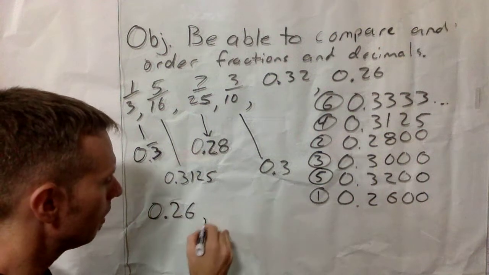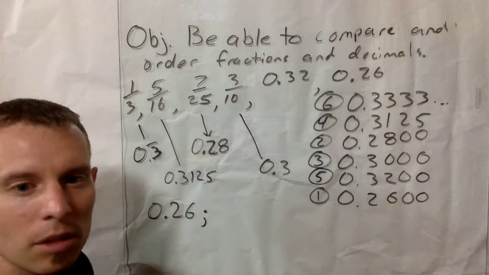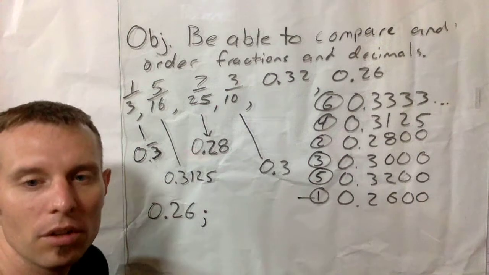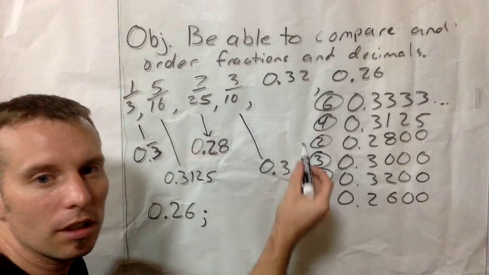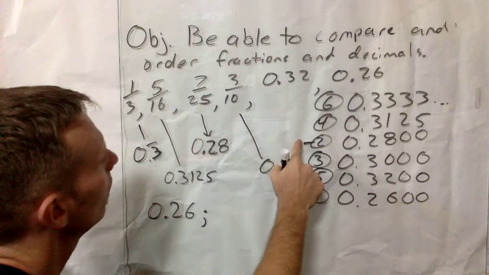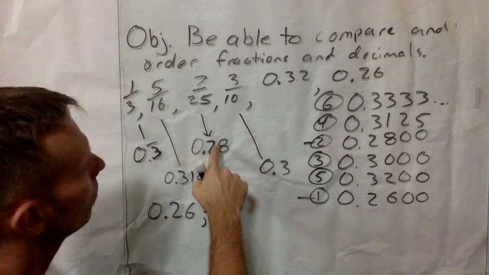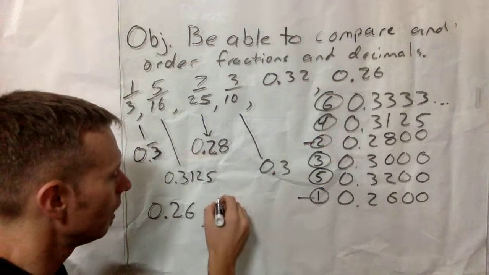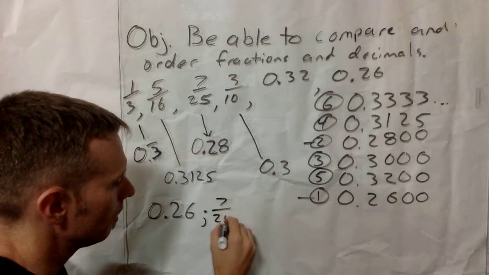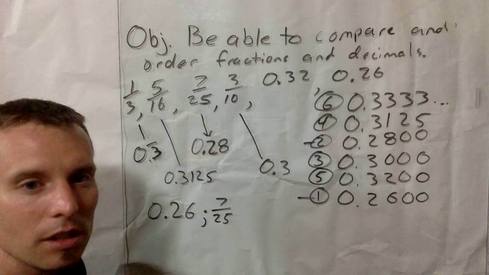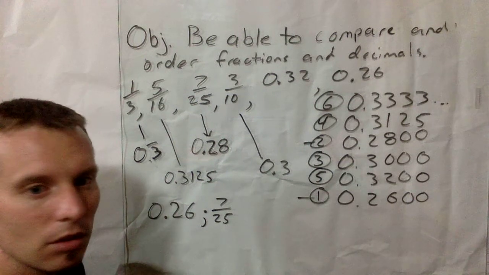I'm going to separate these by a semicolon, and then I'll just do this to let me know that I already did that one. The second number was 0.28, okay, and I see that that was originally 7/25. So I will go ahead and write that 7/25 in the fraction form, since that's what it was given to me originally.